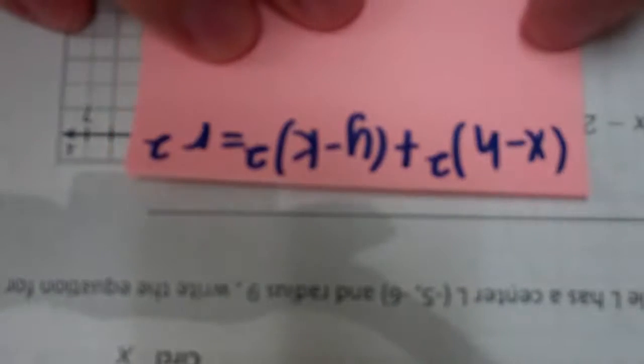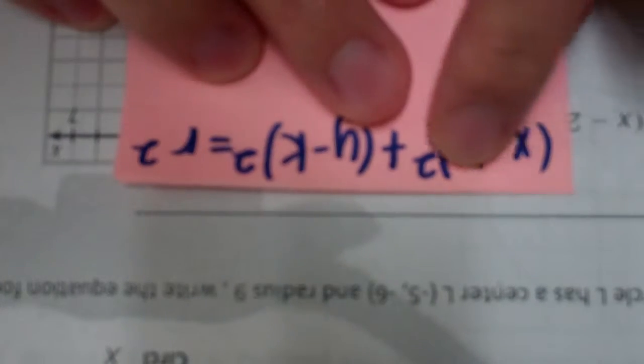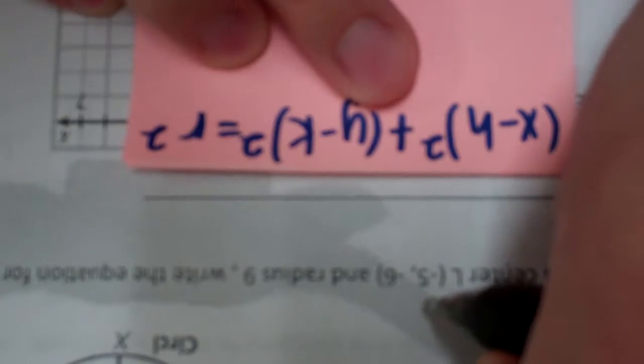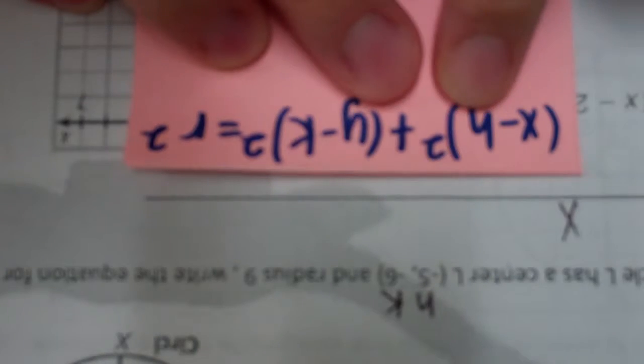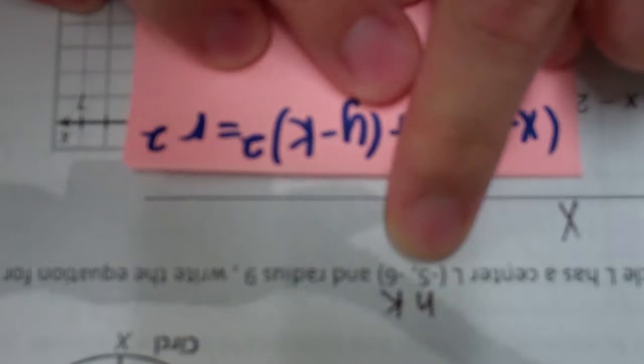Okay, the next one says circle L has a center of -5, -6, and a radius 9. Write the equation of the circle. Remember that this is the equation of a circle. So this is our x, this is our h coordinate, and this is our k coordinate. So we're going to write x, and it calls for minus h. In this case, it is negative, so a negative and a negative is going to make this one a positive.